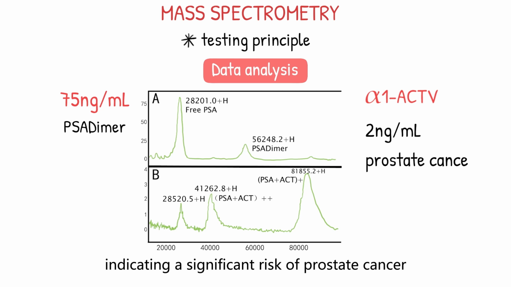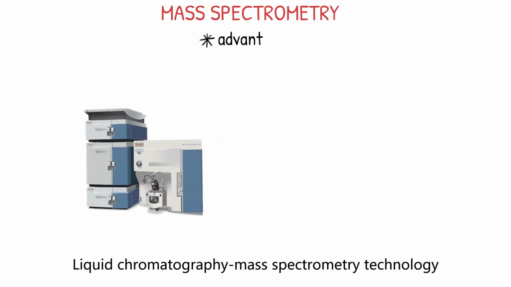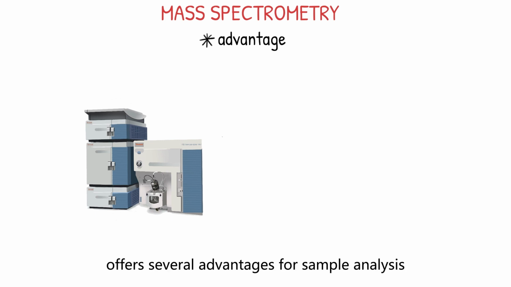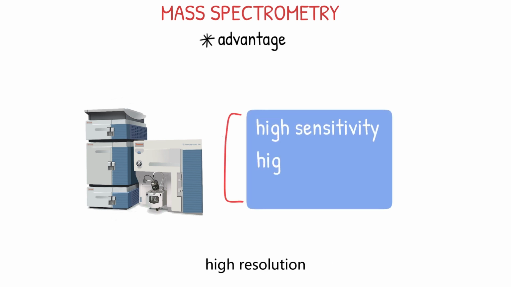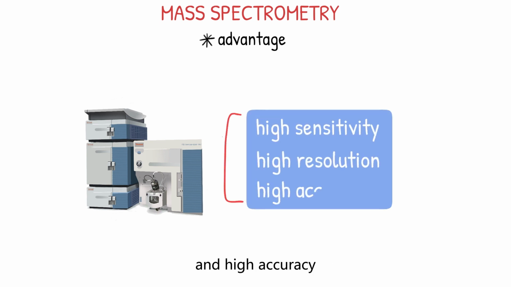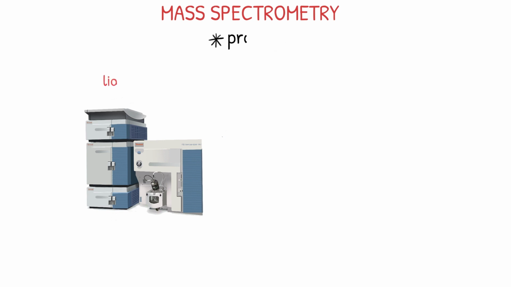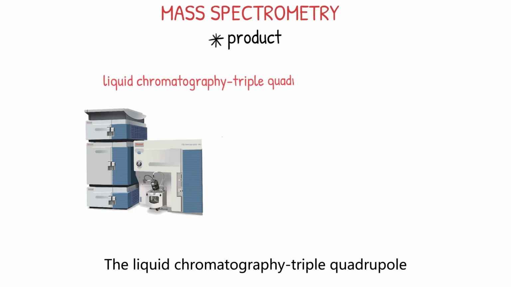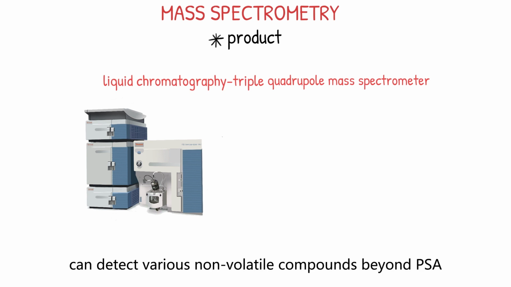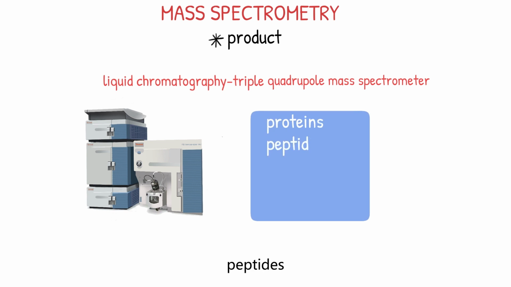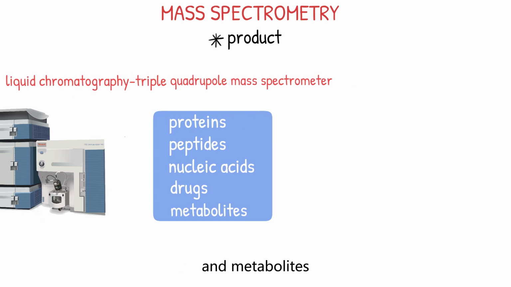Liquid chromatography mass spectrometry technology offers several advantages for sample analysis, such as high sensitivity, high resolution, and high accuracy. The liquid chromatography triple quadrupole mass spectrometer can detect various non-volatile compounds beyond PSA, including proteins, peptides, nucleic acids, drugs, and metabolites.